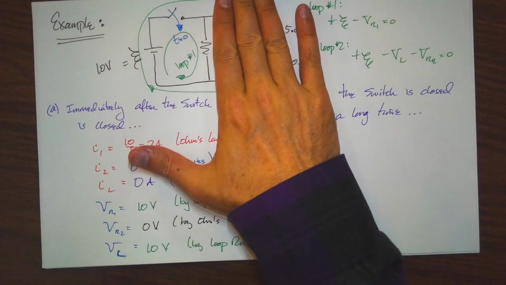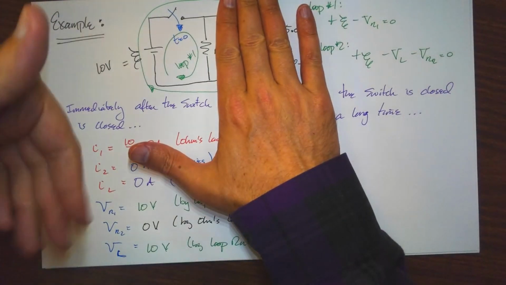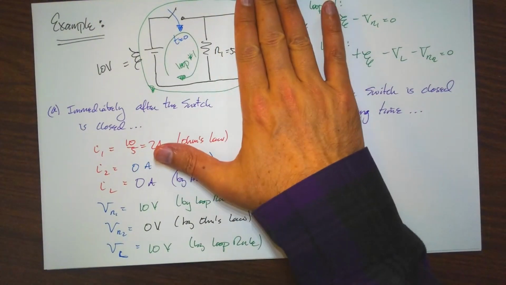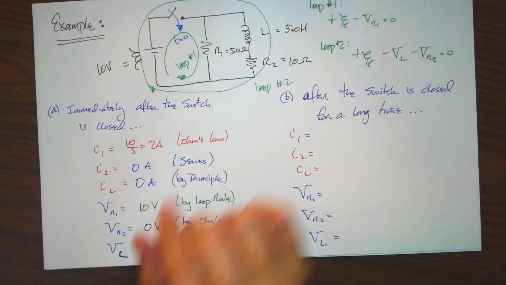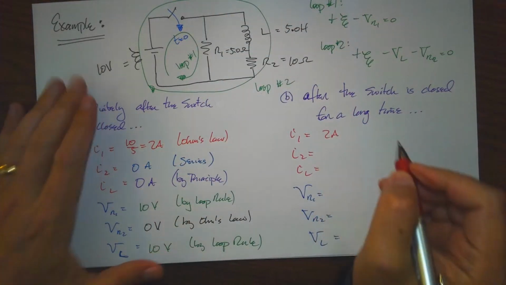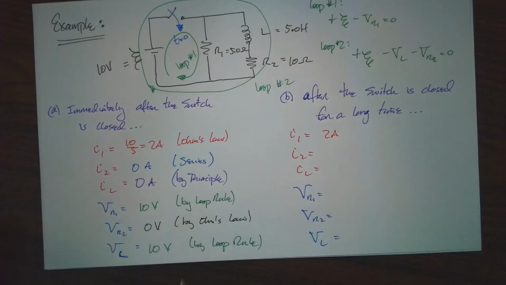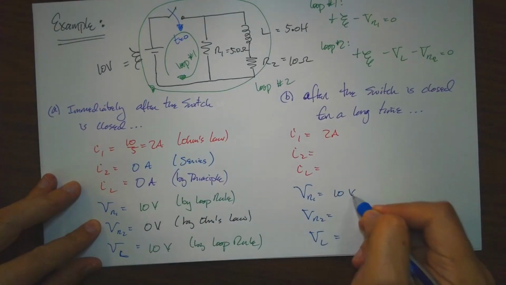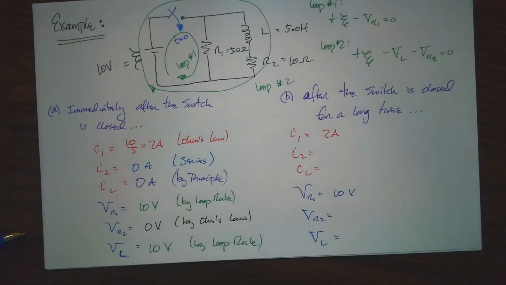Did anything change for resistor 1 from initially closing the switch to the switch being closed for a long time? No, those just stay the same. So this is 2 amps, and our voltage across resistor 1 is the 10 volts. Again, that's the loop rule and Ohm's law, and it didn't change at all.